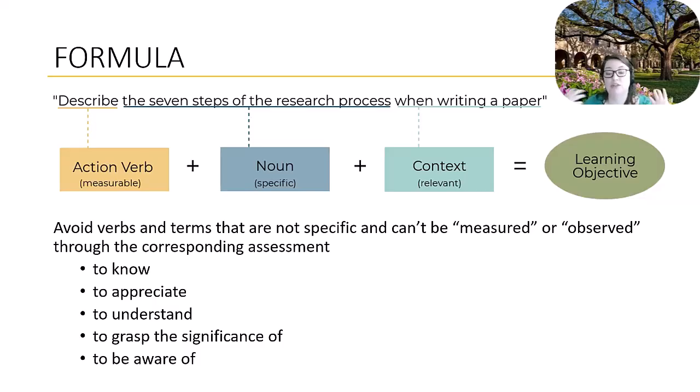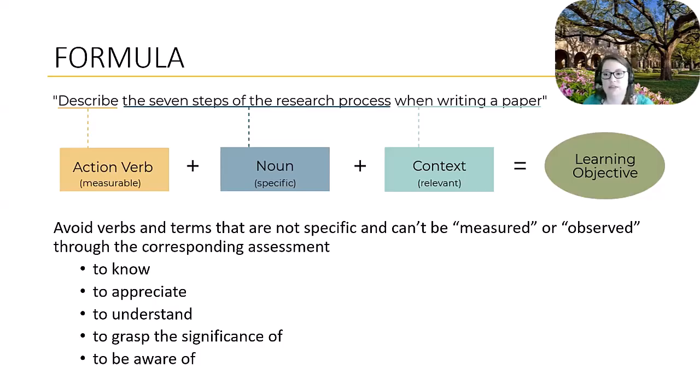What does the student have to do for me to know that they fully understand this concept? Verbs like comprehend and appreciate are sometimes called soft verbs. Think about how you're going to demonstrate that. How would students demonstrate their appreciation of something? What are they submitting to you as proof?